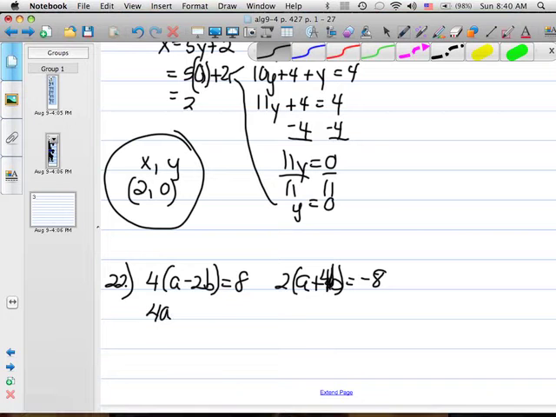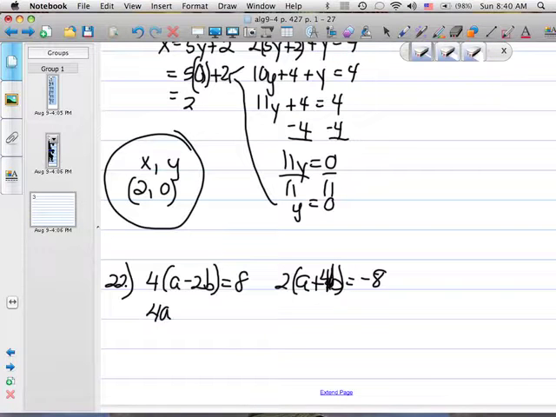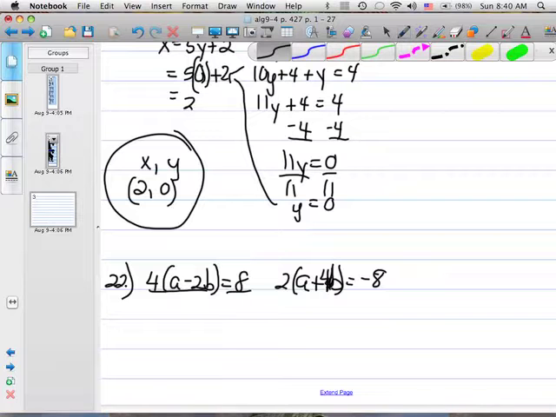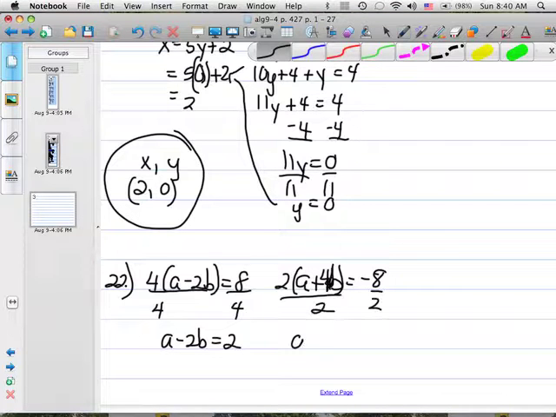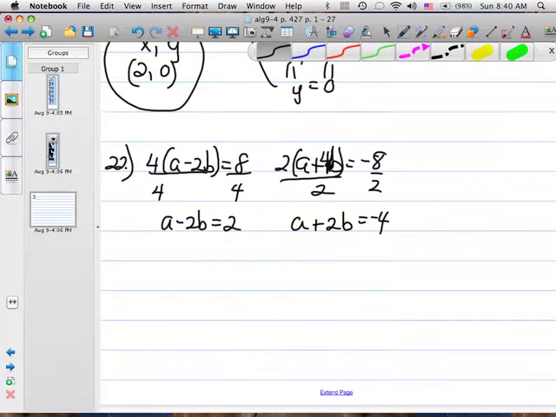Well, it actually might be even easier just to divide both sides by 4, just to get rid of coefficients. So this gives me a minus 2b equals 2. Well, dividing this by 2, I get a plus 2b equals negative 4. I would use addition here since the 2 and the negative 2 are opposites, so I could just add these two together.